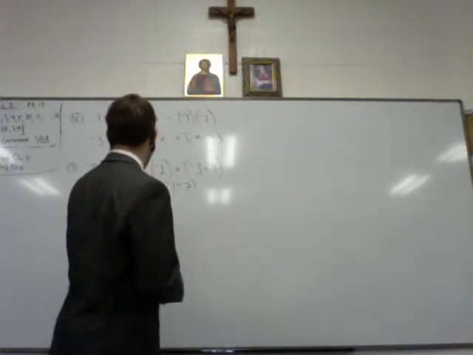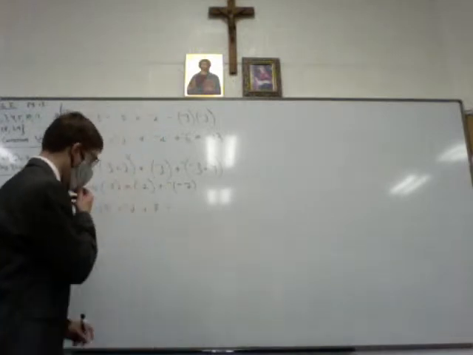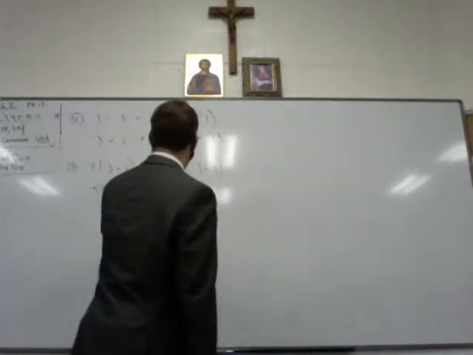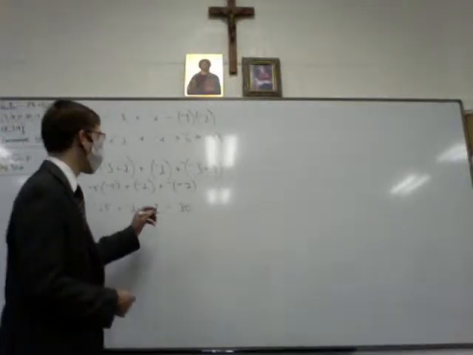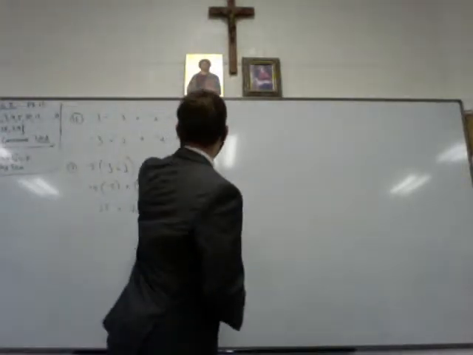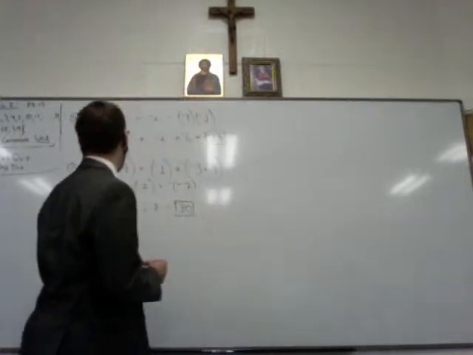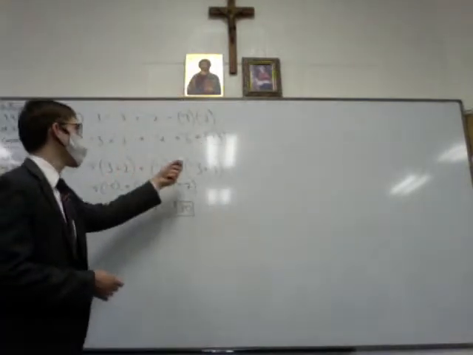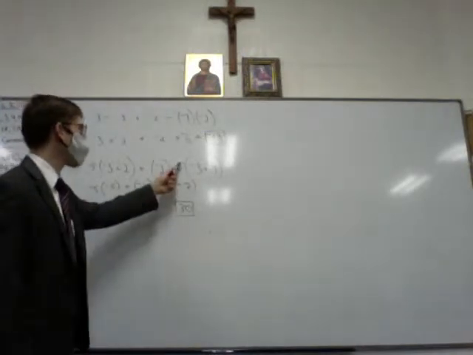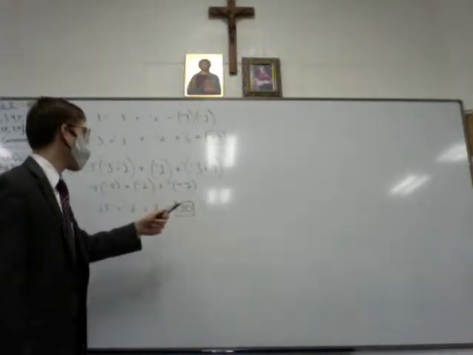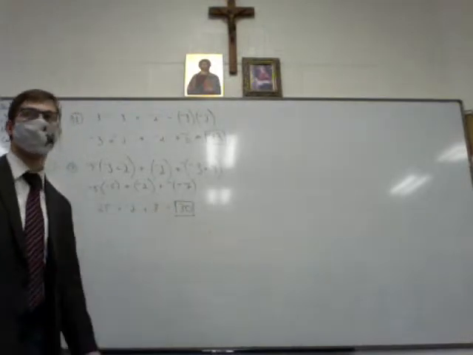Now we've got 25 plus negative 2 plus 7. 25 plus 7 is 32, plus negative 2 brings us down to 30. For that one, make sure you're going in order, doing parentheses first, and keep track of these negative signs, especially negative 7, which cancels out to become positive 7.